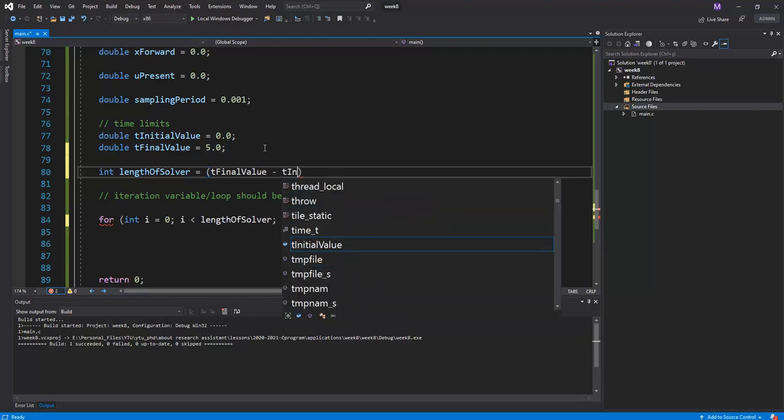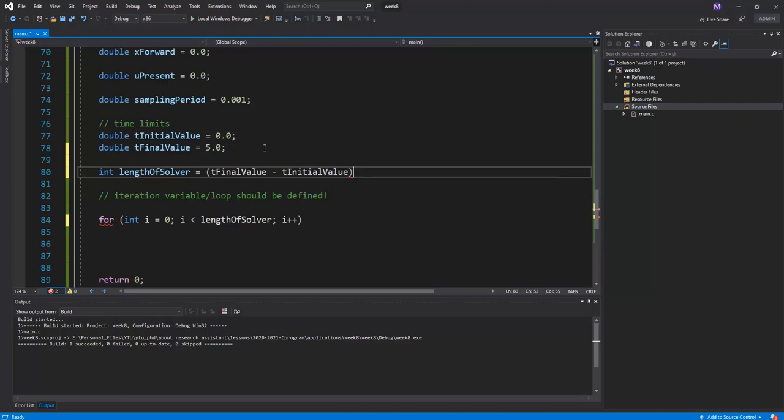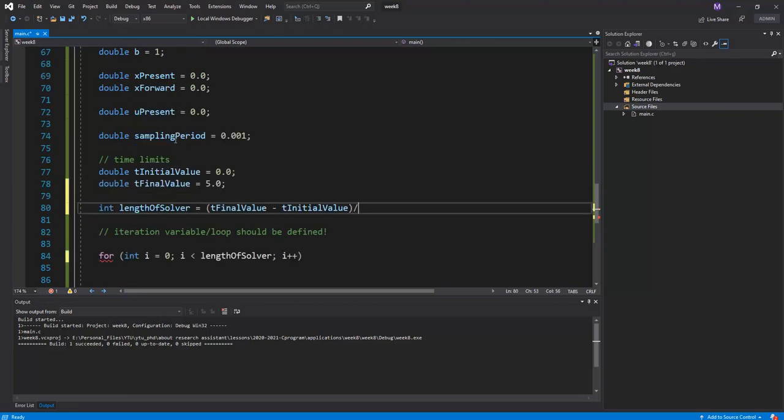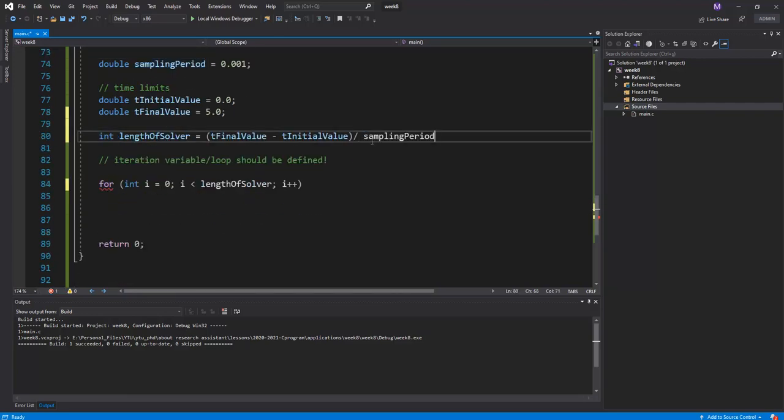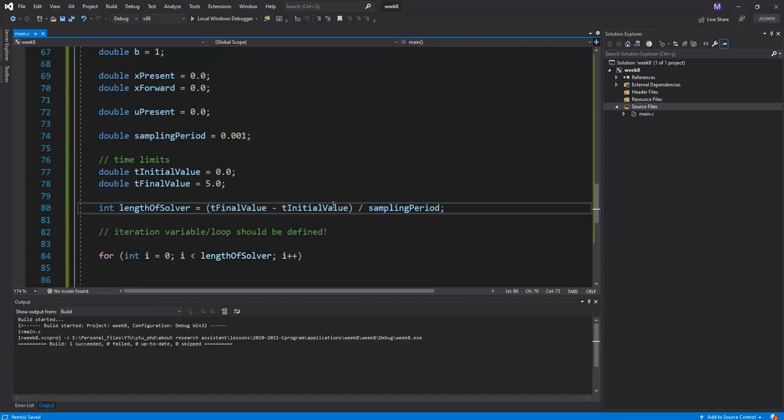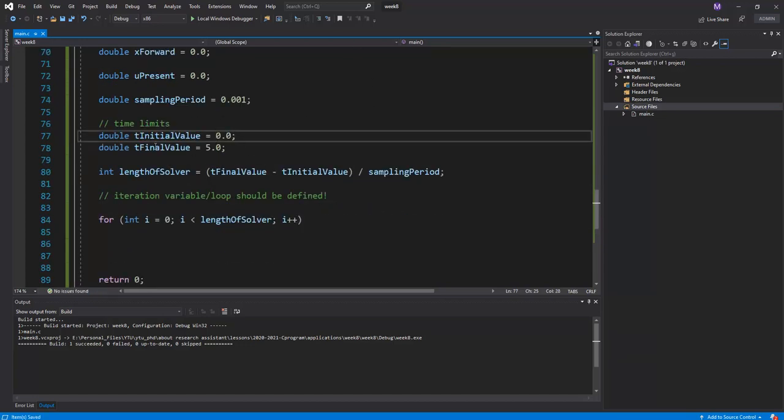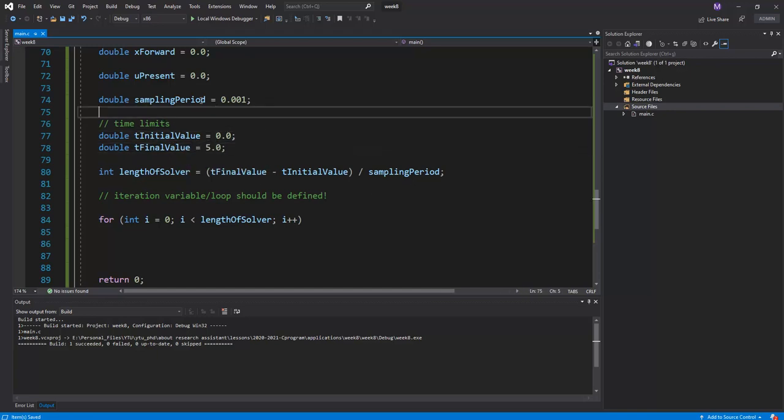minus t initial value, divided by what? Divided by the sampling period, because our algorithm should be written or should be run on this calculation. And so each iteration is equal to the sampling period.